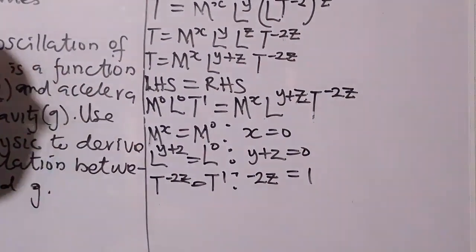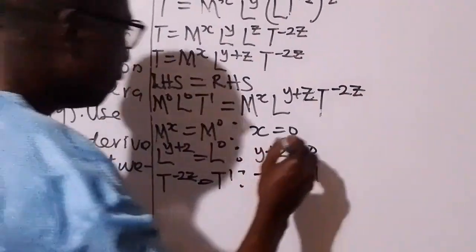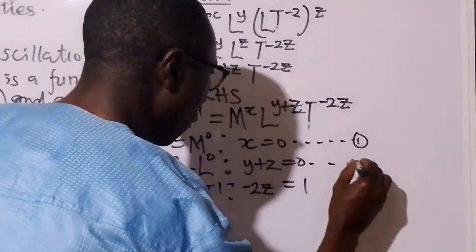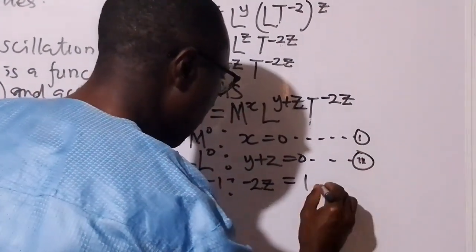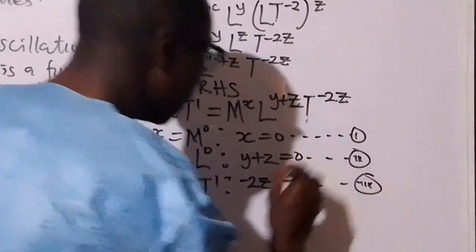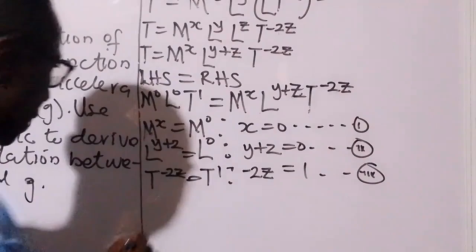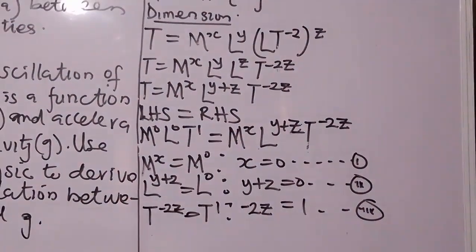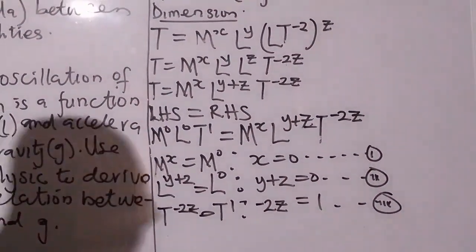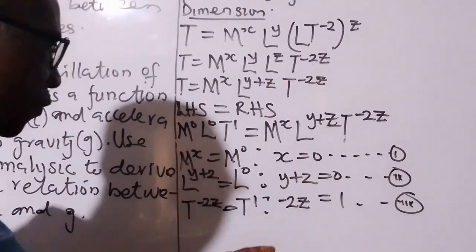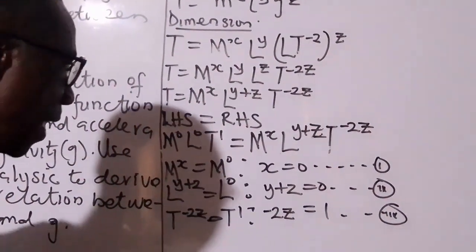Now, if you look at it now, we have three equations on the board. Call this one equation 1, call this one equation 2, and call this one equation 3. Now, from equation 1, we don't need to worry ourselves. s is already 0. We can now use what we have in equation 2 and 3 to find the value of y and z.